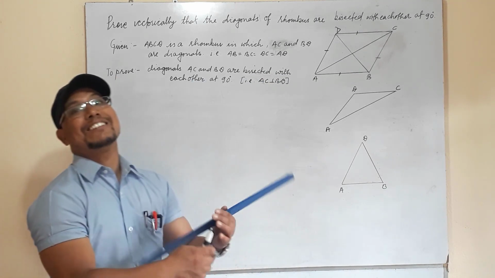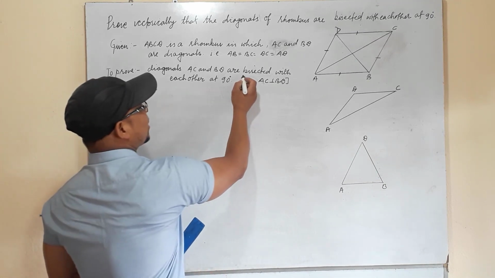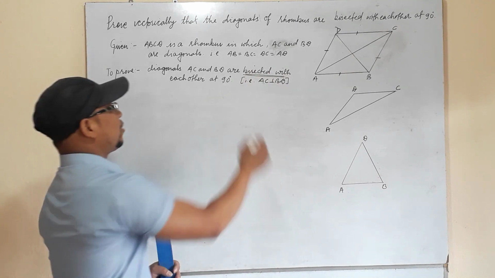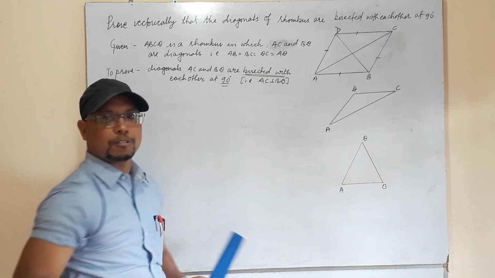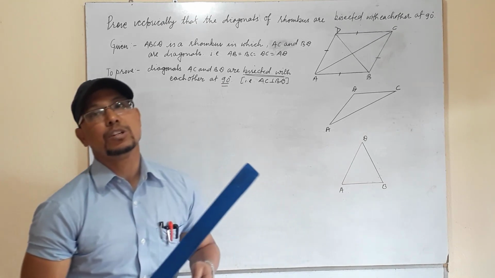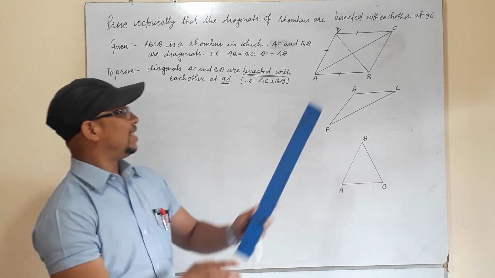Here it seems we have to prove two things. One is that they are bisected with each other, and the other is 90 degrees. Bisected with each other, we need not prove. We can directly write it. Why?